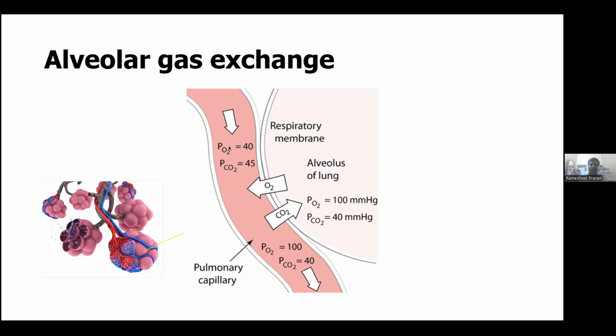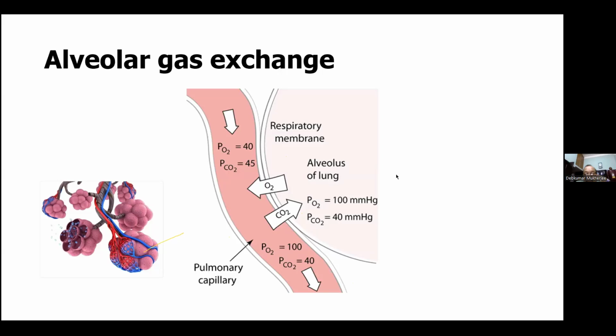You remember your arterial blood gases or venous blood gases. If you remember your venous blood gas, partial pressure of oxygen is around 40 and partial pressure of carbon dioxide is around 55 millimeter mercury. Now because alveolar partial pressure of oxygen is 100 millimeter mercury and partial pressure of oxygen in the pulmonary arteries is 40 millimeter mercury, the gas has a tendency to move from higher partial pressure towards lower partial pressure.